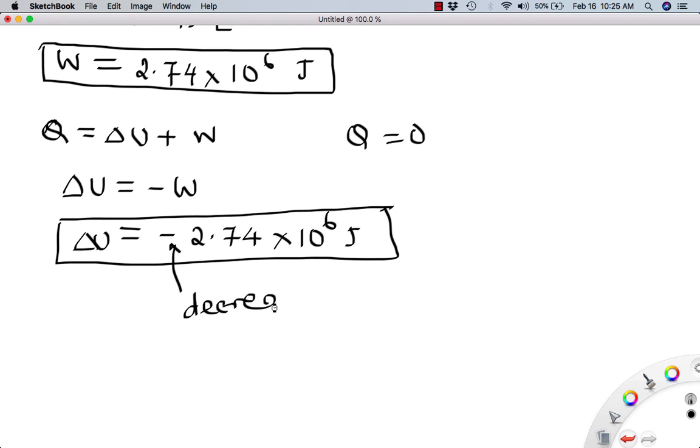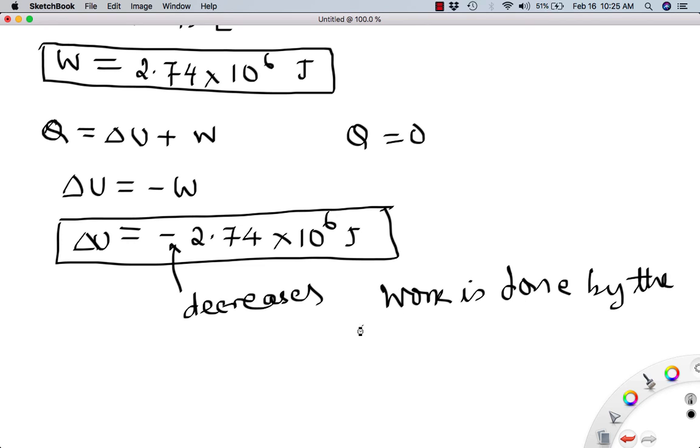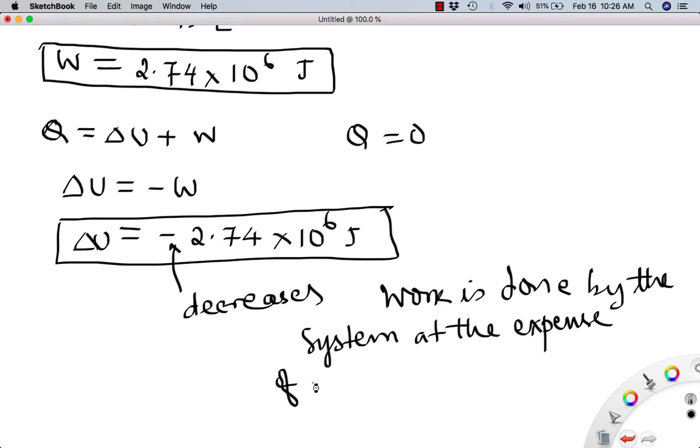Or in other words, you can also say work is done by the system at the expense of its internal energy.